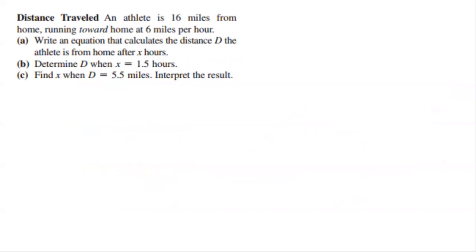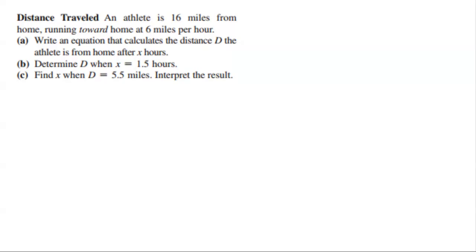So we have an athlete who is 16 miles from home, running toward home at 6 miles per hour. Write an equation that calculates the distance d the athlete is from home after x hours. So what did we write there for part A? Excellent.